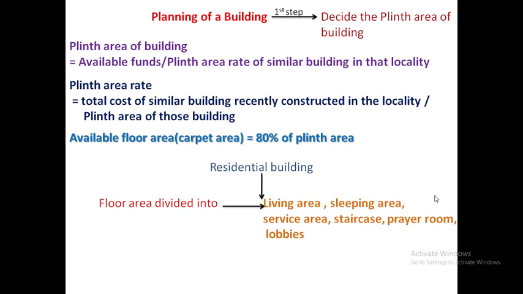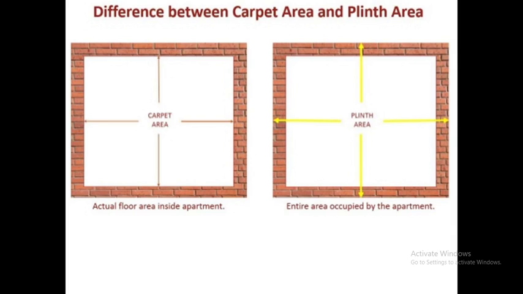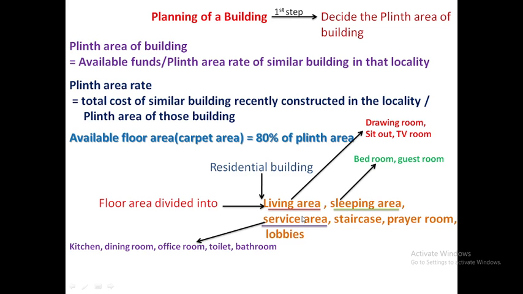Living area means a drawing room, sit out, TV room, etc. Then sleeping area, it includes bedroom, guest room. Service area includes kitchen, dining room, office room, toilet, bathroom, etc. and other areas like staircase, prayer room, lobbies, etc.